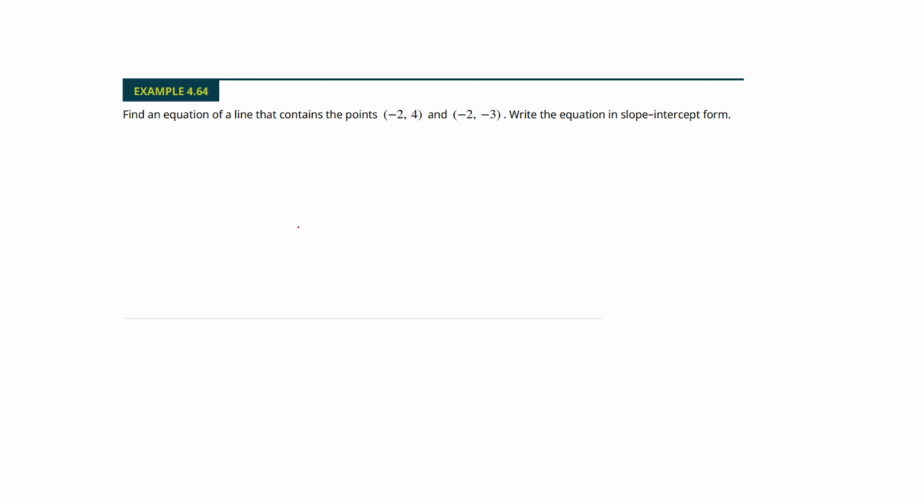Okay, now something interesting is going to happen on this one. We've got a little variation here. Let's do it again. I've got m is my second y minus my first one, over my second x minus my first one. Now remember that these two negatives in a row make this negative 2 plus 2.